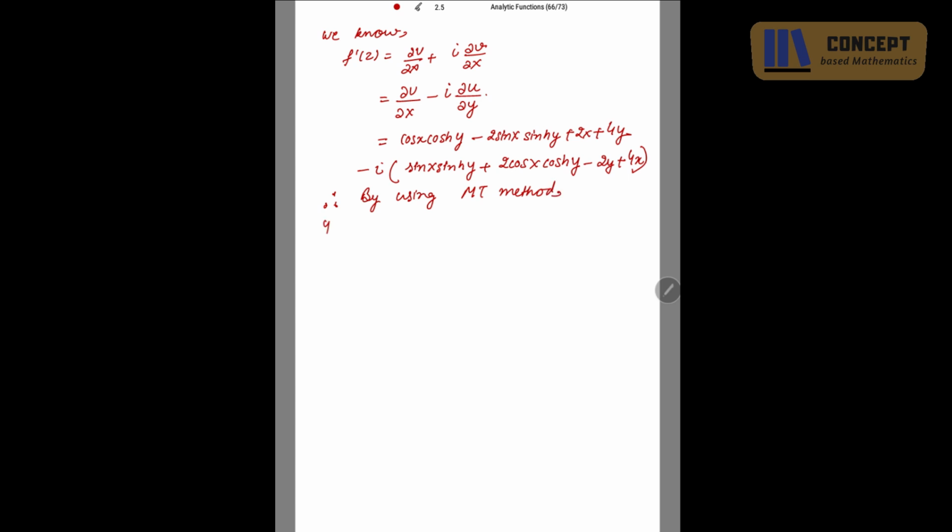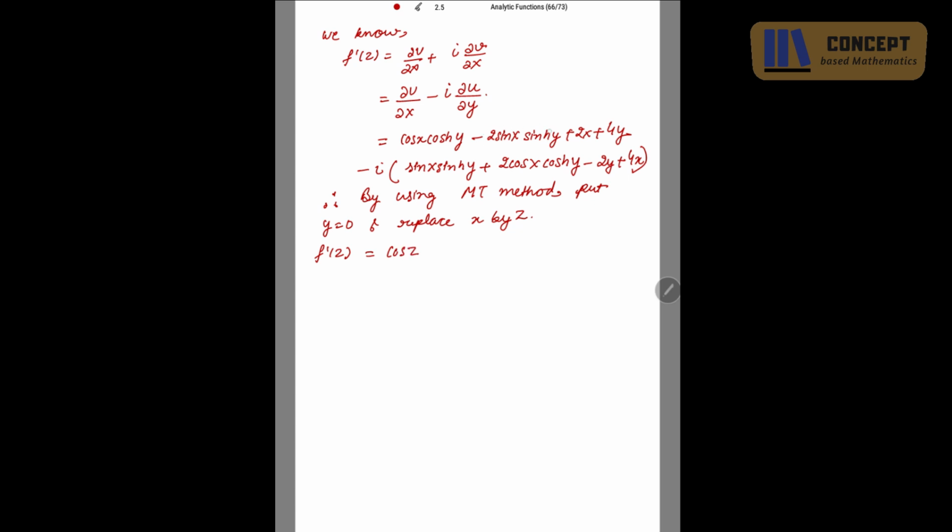I should put y equal to 0. The terms will be reduced now, and replace x by z. So f dash z will become, see, this is cos x, this is 1 because cos hyperbolic 0 is 1. So this is cos of z.